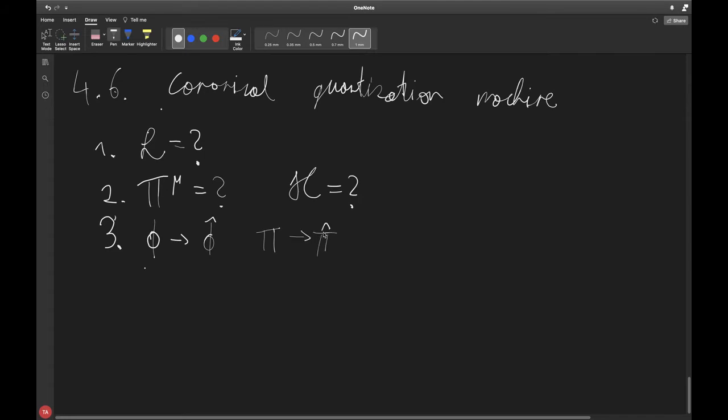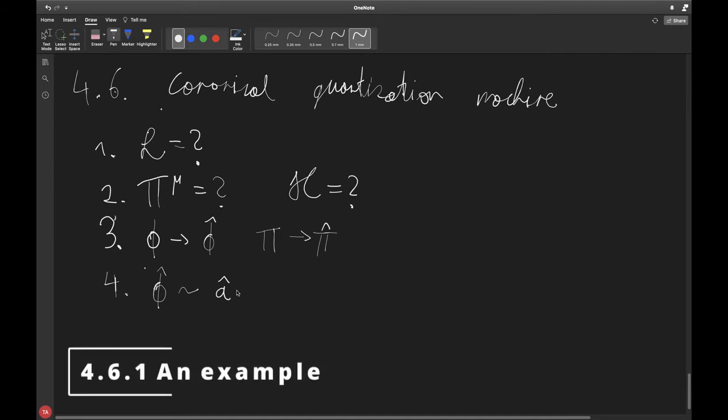And then step 4 is that we expand these fields in terms of creation and annihilation operators. So we describe the field as something which goes with the A and the A dagger operators. So let's give some examples for this whole recipe.